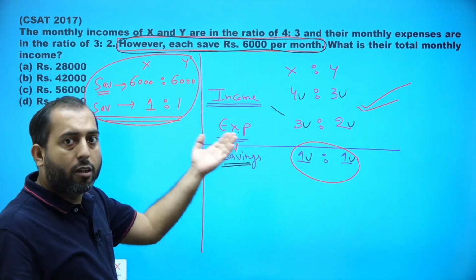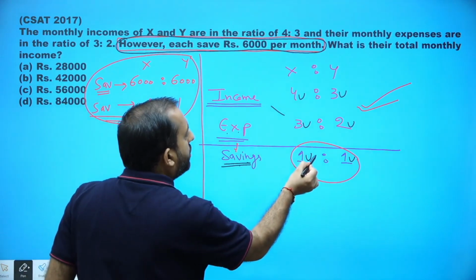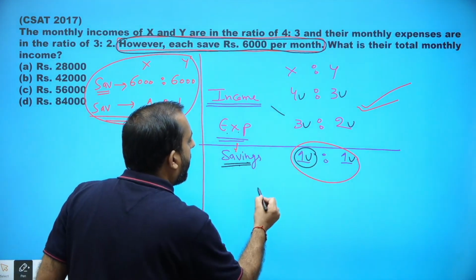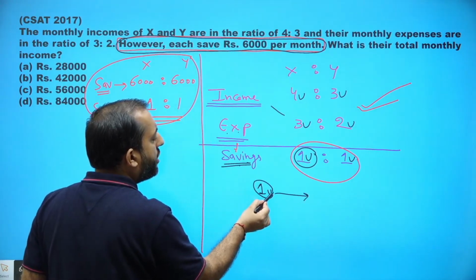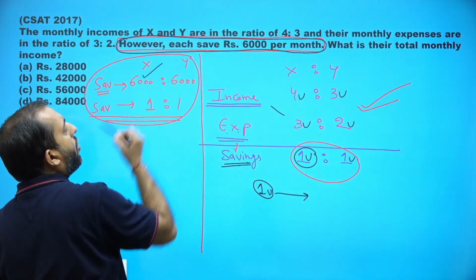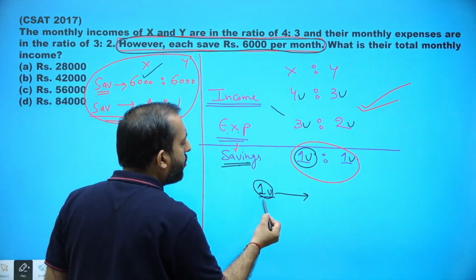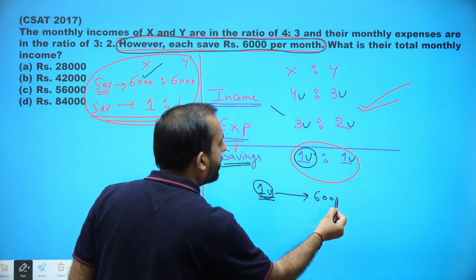Now what we can do? The savings of X is 1 unit, and the actual saving of X is 6,000. So 1 unit of ratio corresponds to 6,000 of reality.